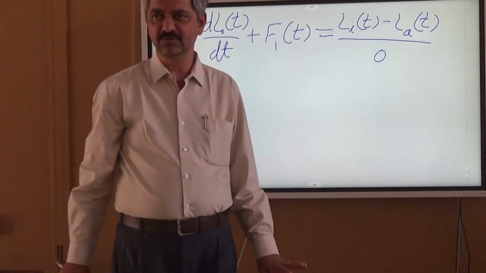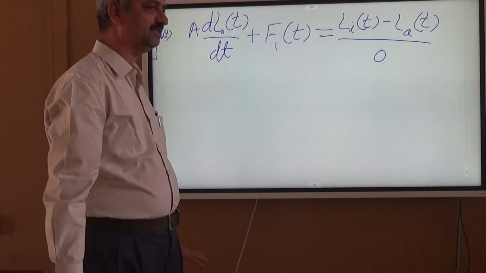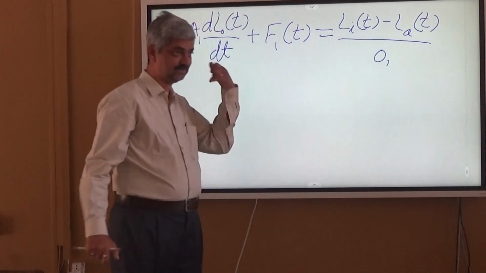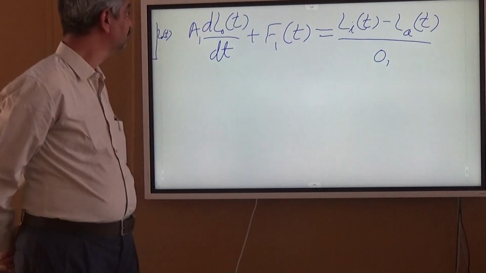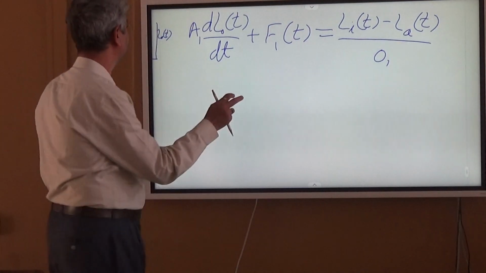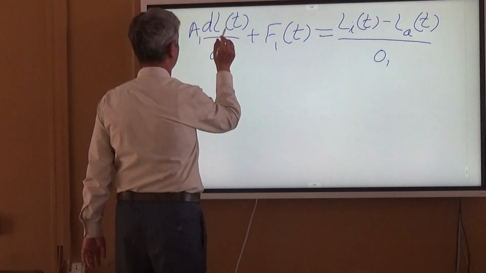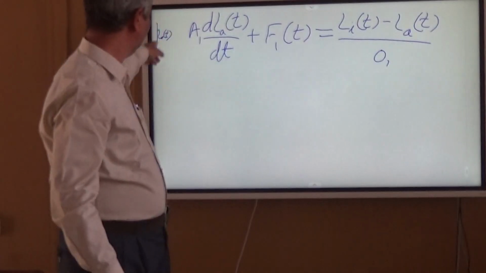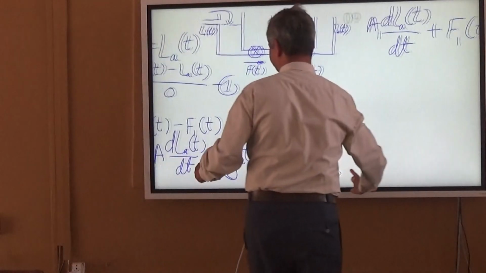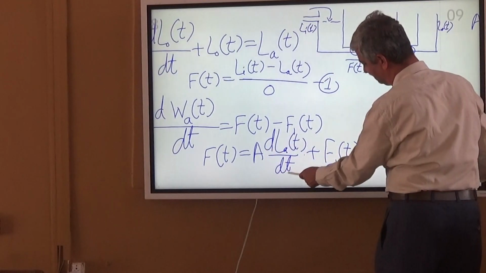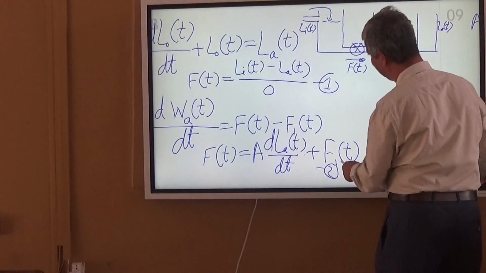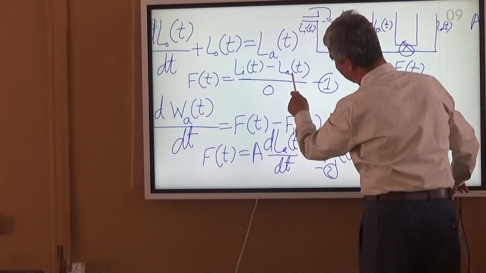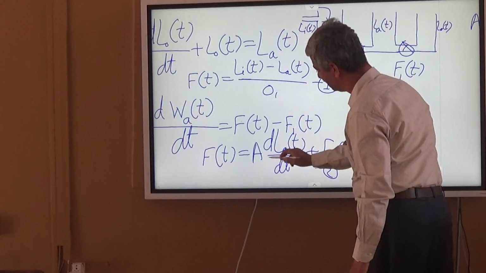Yes. O, or to be very precise, we should use A1 and O1, right? Because it's for the first. So A1 dLAT by dt plus F1T is equal to L in T minus LAT upon O1.